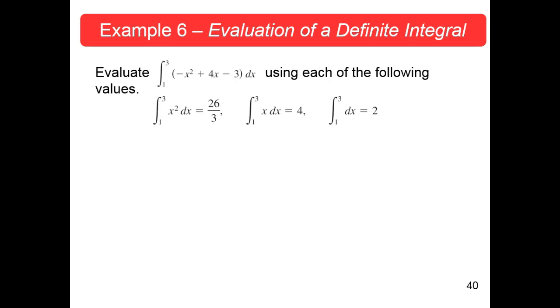Now, they didn't tell you how they got it, but using this, the integral from 1 to 3 of x squared dx is 26/3, and the integral from 1 to 3 of x dx is 4. And the integral of dx from 1 to 3 is 2. Now, they just told you that was the case.